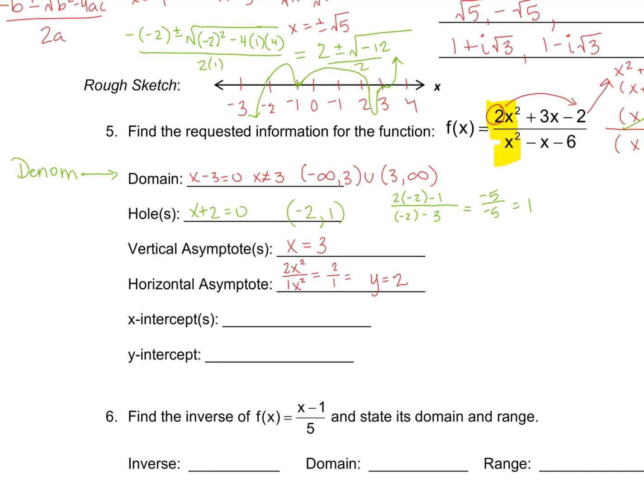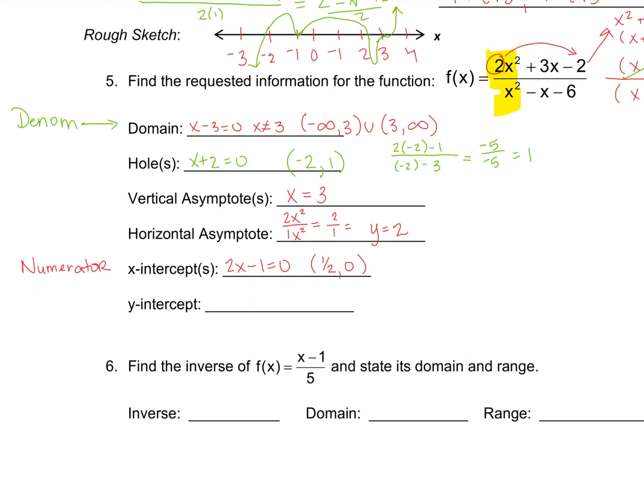Well, that's nice and easy. I'm going to take the numerator for this guy. So I get 2x minus 1. Well, if I solve that, I'm going to end up getting 1/2. And because it's the x-intercept, it's at y equals 0.